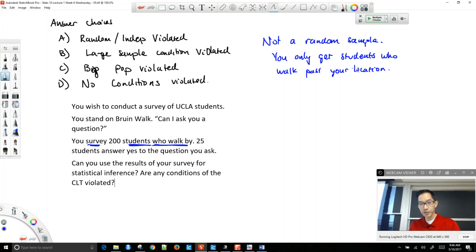The large sample condition, this is met. So condition B is met. We have 25 yes, so we have 25 successes, and 200 minus 25, meaning 175 no's, and both are greater than 10, so that condition is met.